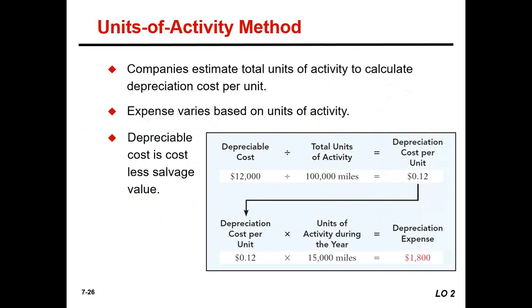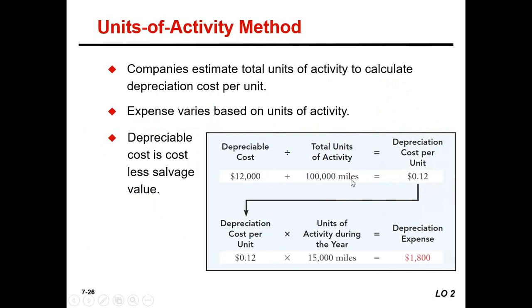That's how we calculate the depreciation. Again, we go with depreciable cost, that's cost less salvage value, and it varies each year based on the amount of activity. Some companies use this for vehicles, and they do their depreciation based on mileage rather than using a straight line and basing it on just an annual amount.